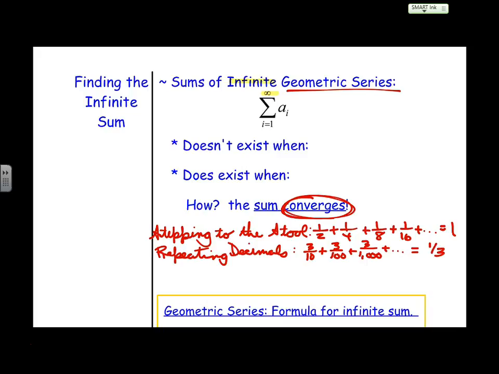So what's the difference between these convergent sums and this divergent sum? This gets a little crazy.